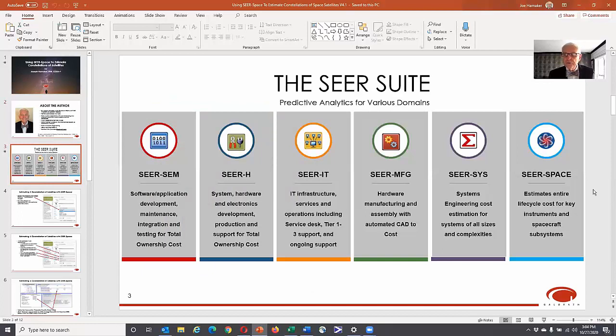As I said, I'll be talking about SEER for space today, which is the model described on the right-hand side of this screen. But first, let me make the point that SEER space is one of a suite of models that Gallup offers. Starting from the left here, SEER Sim is a software estimating model. SEER H estimates hardware and electronics.